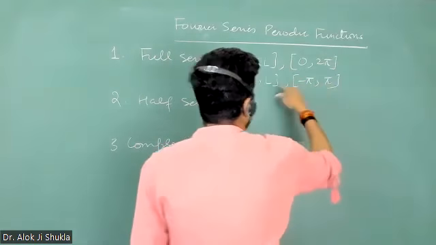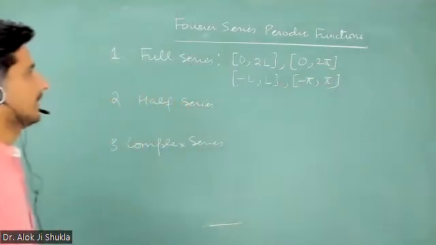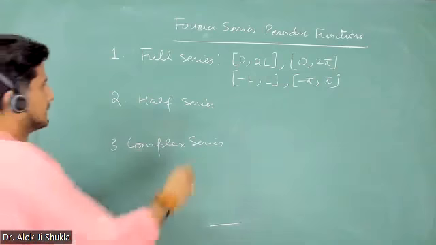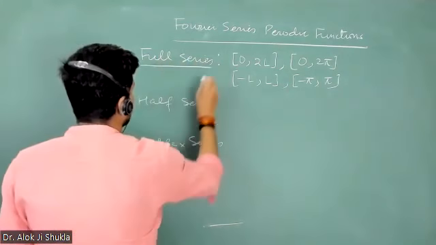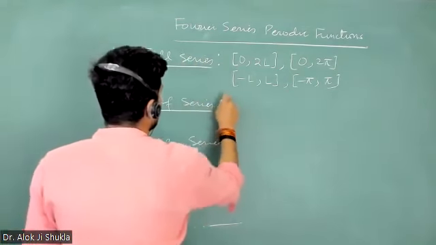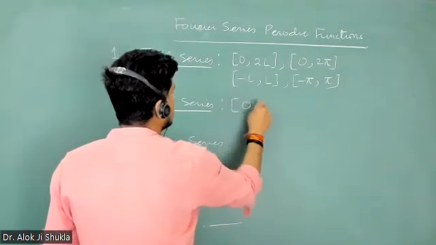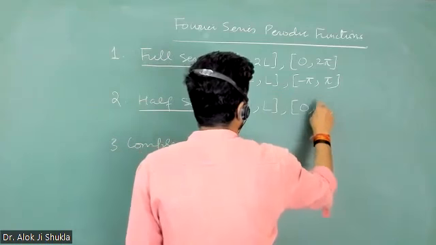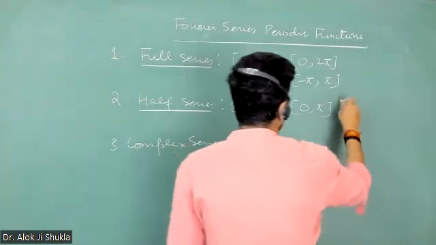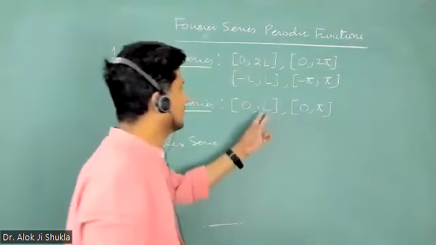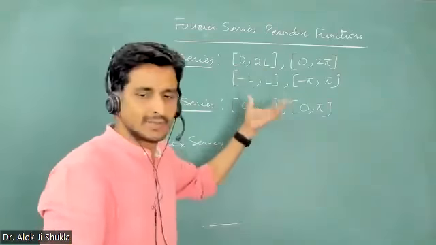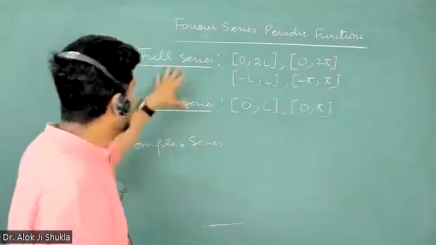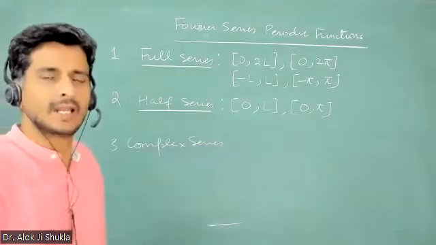If periods are given like this, then your series is full series. For half series, period will be given like this: 0 to L or 0 to pi, and they have to tell that it is half series. Otherwise, 2L की जगह L put कर दिया तो it will become full series. So full series and half series they have to tell in the question.